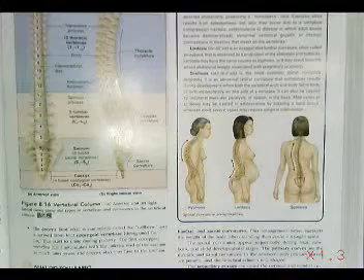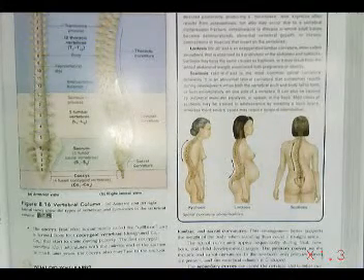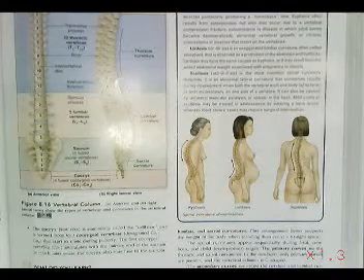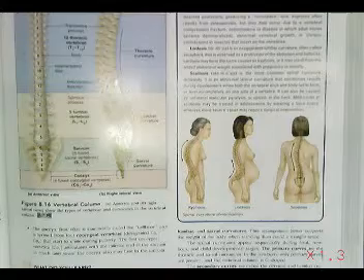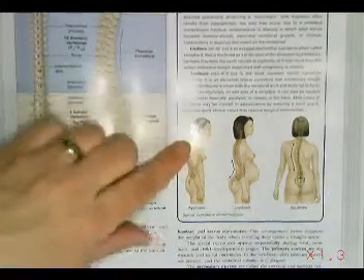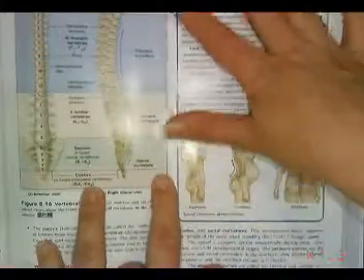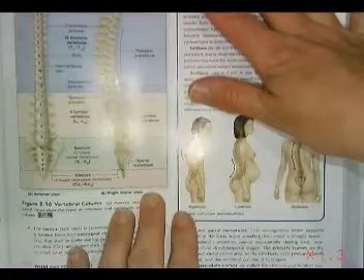So you get the S this way. Does that make sense? And then lordosis is like a sway back, the lower part of the back. And then kyphosis is at the top.